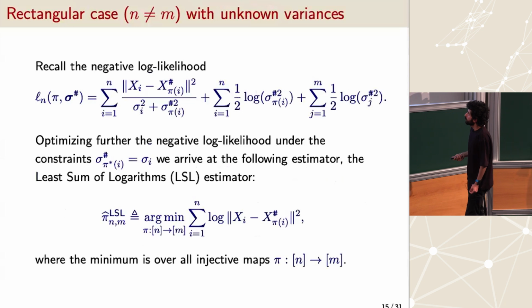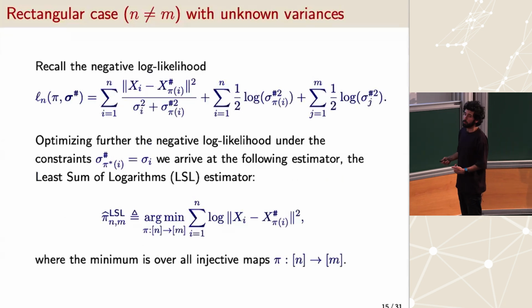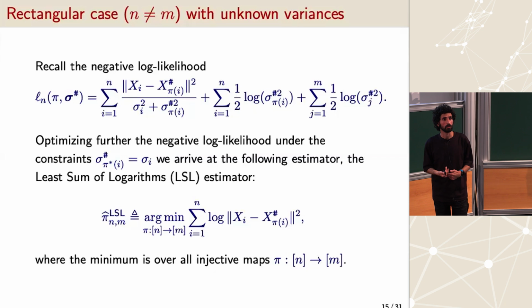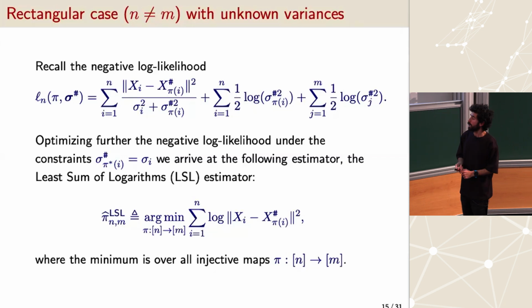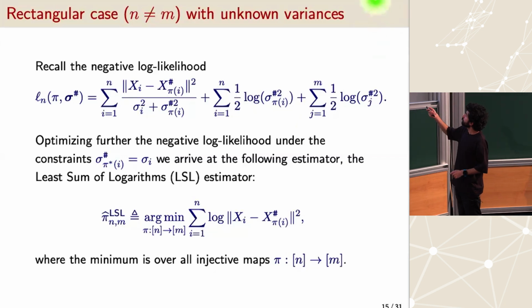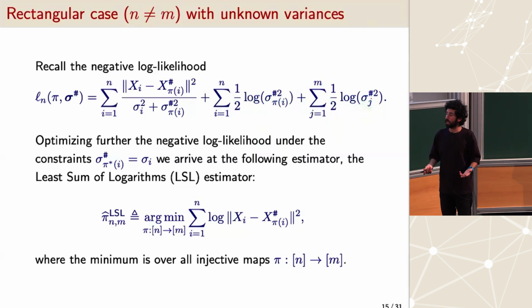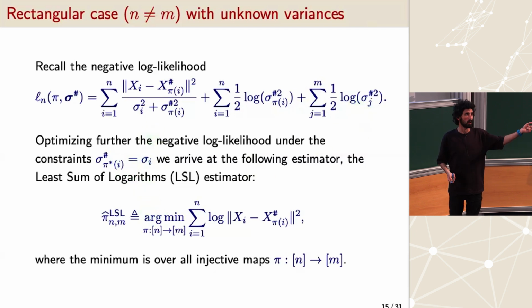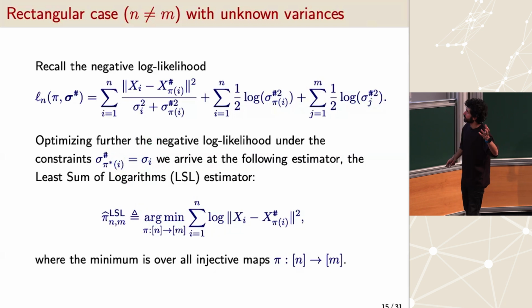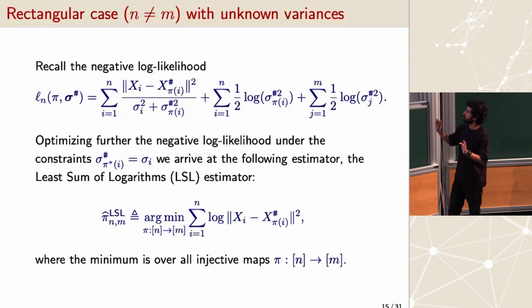What should we do? If we take a step back to the likelihood function that we optimized with respect to thetas, we recognize that we also have two terms that depend on variances, and in the case where the variances are unknown, we can optimize with respect to these sigmas as well, again under the constraint that each sigma has its counterpart in the other set. Here I'm abusing the notation a little bit.